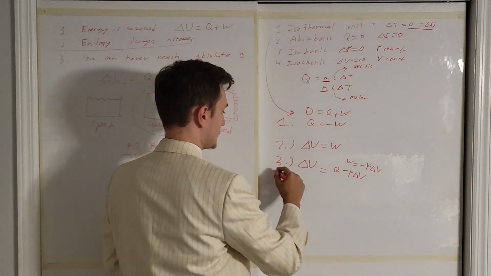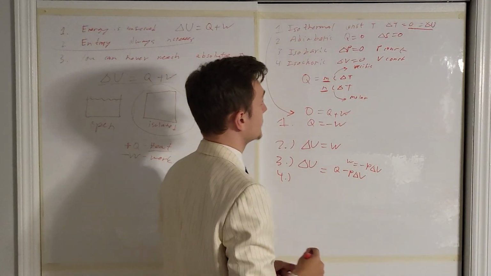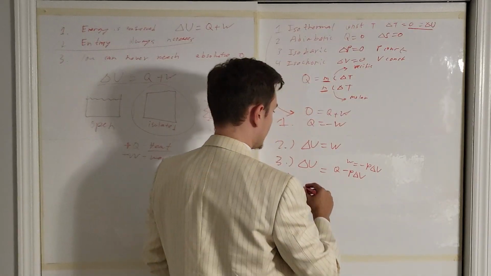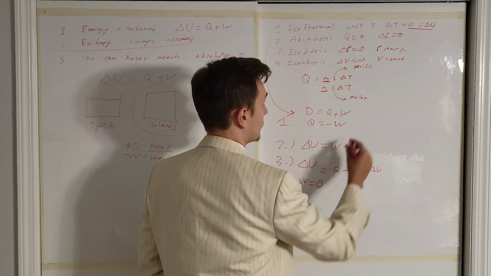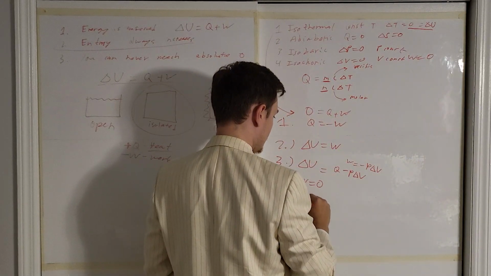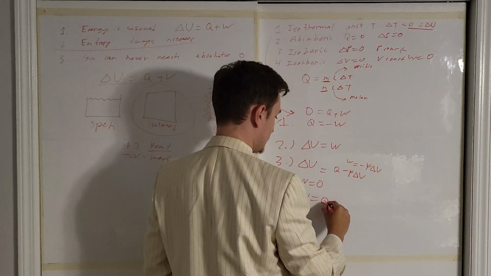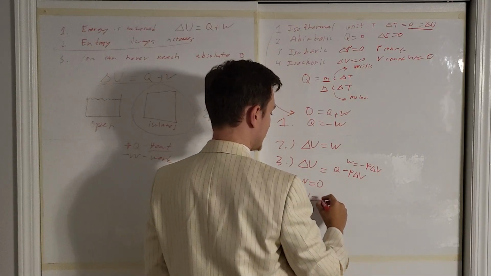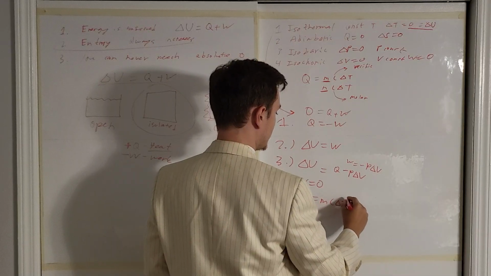And finally, the simplification for isochoric means volume is constant. In this case, work equals 0. I should write that up here. Work equals 0. So delta U is just equal to Q. And if I want to substitute this equation, I can say delta U equals mc delta T.